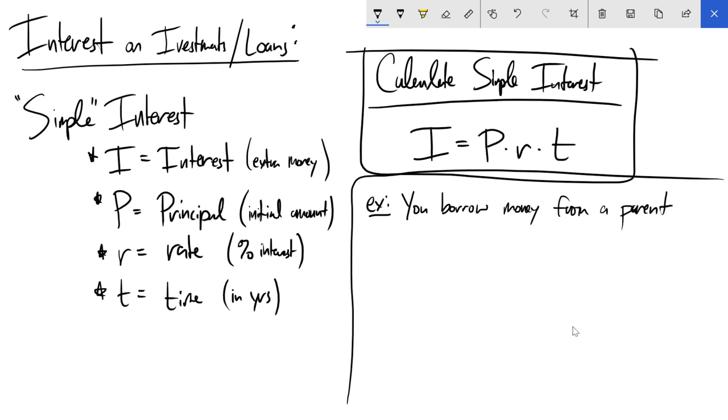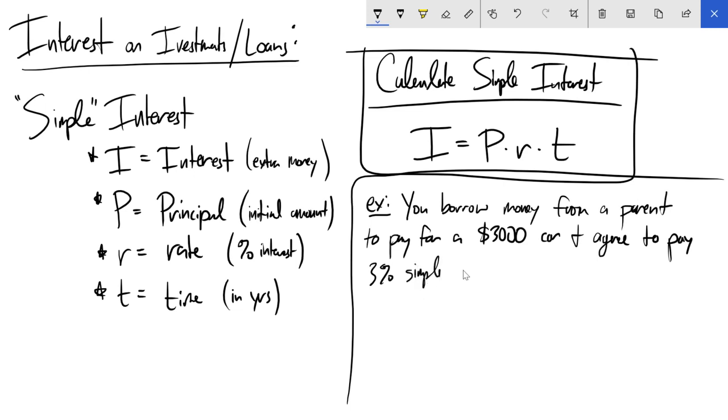So let's say you borrow money from a parent to pay for a $3,000 car, and you agree to pay 3% simple interest over 3 years to pay it back.